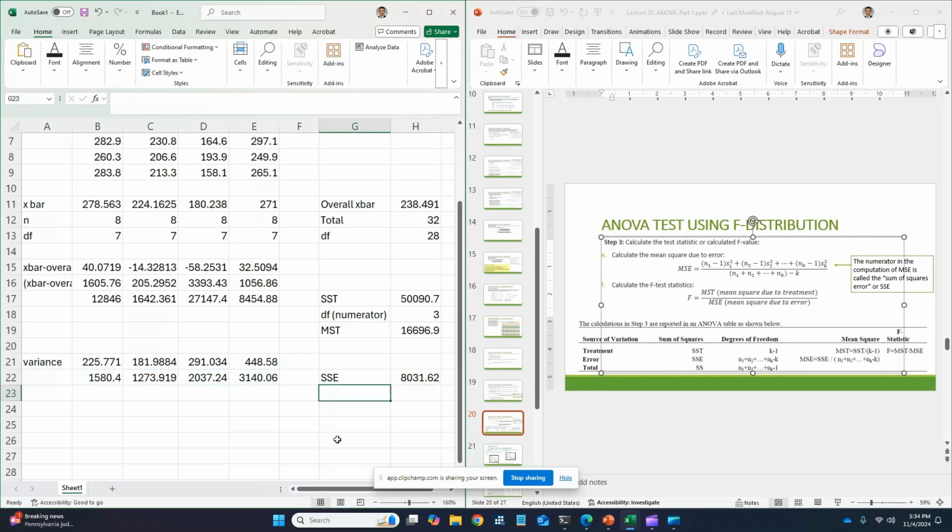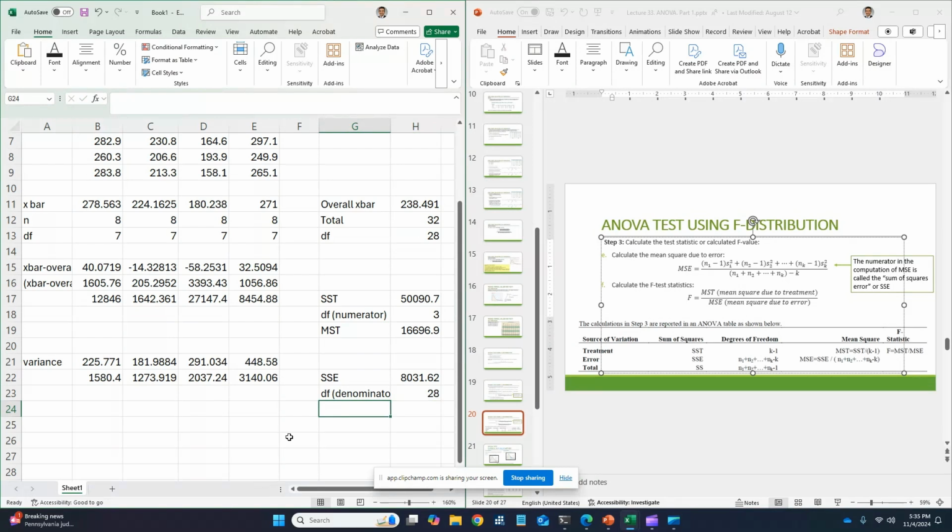Okay, and the degrees of freedom for this is what? We are using 4 samples and 4 variances, right? So each time we are using a mean, we lose 1 degree of freedom. So degrees of freedom in the denominator is 28.